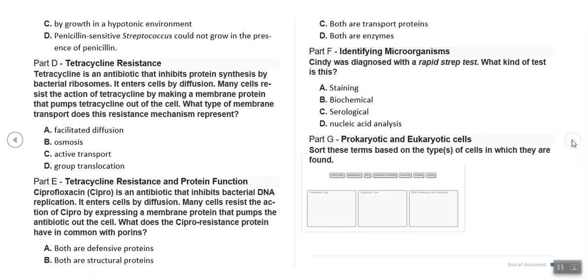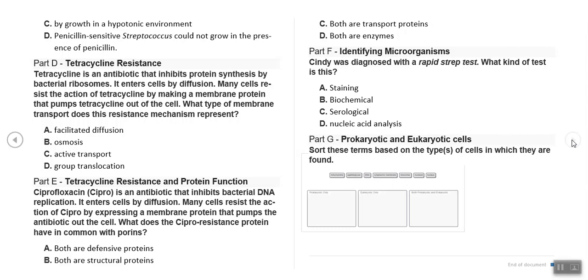Part D, I feel like I skipped something. Oh, here we go. Part D, tetracycline is an antibiotic that inhibits protein synthesis by bacterial ribosomes. It enters the cell by diffusion. Many cells resist the action of tetracycline by making a membrane protein that pumps tetracycline out of the cell. What type of membrane transport does this resistance mechanism represent?